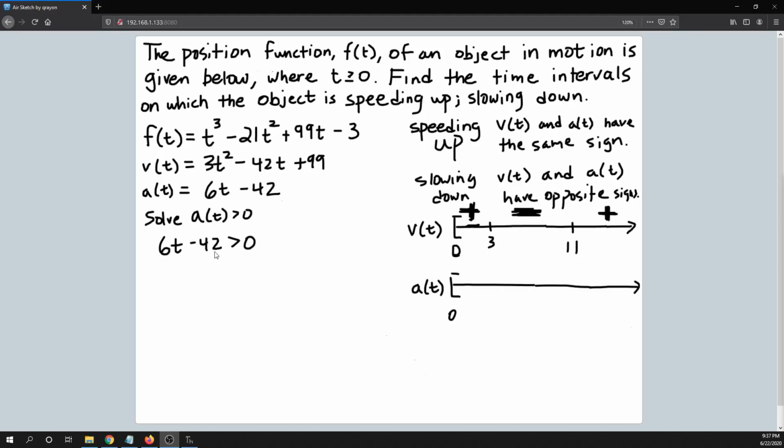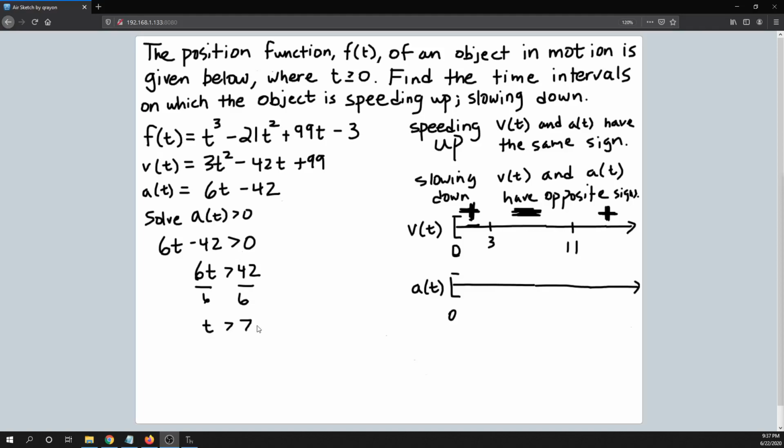So we would just solve the way you learned in algebra class to solve these linear inequalities, and then divide both sides by 6. Again, make sure that you are only doing this for something that looks like this, some number times t minus another number greater than 0. Otherwise you're going to get an incorrect answer.